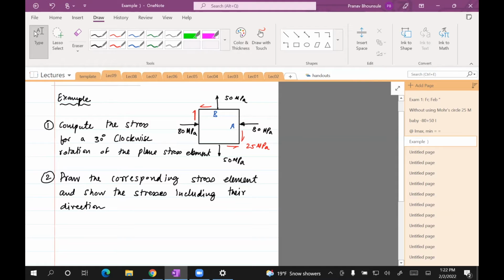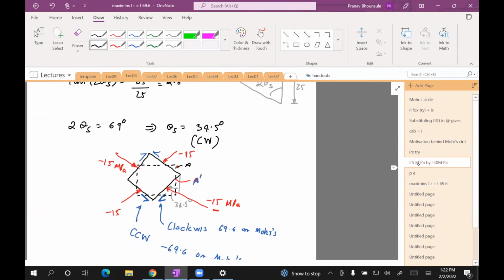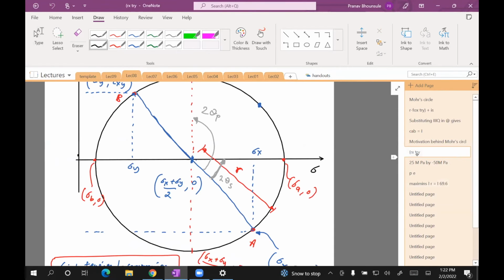So instead of drawing the Mohr circle again from scratch, I'm just going to use the Mohr circle I'd drawn for this problem in the previous question. So I'm just going to copy paste that, and then I'll show you how to go about computing part one of the problem. So let's grab just the Mohr circle from the solution for this problem.